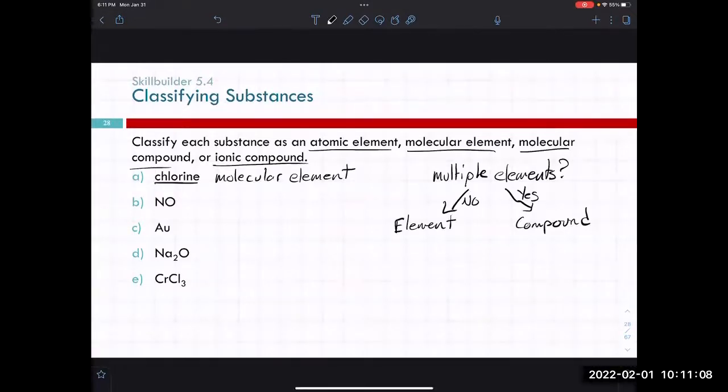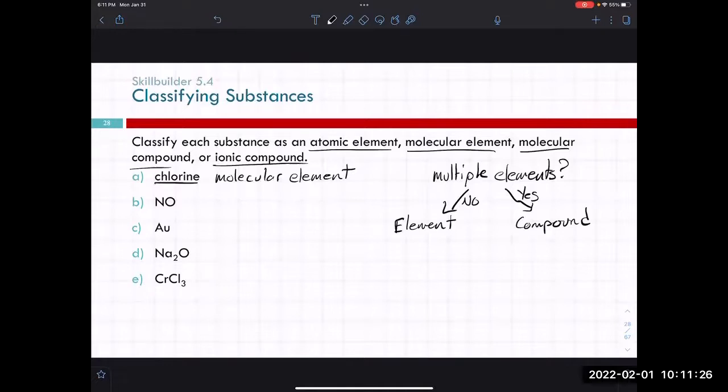So for B here, nitrogen and oxygen, we have multiple elements, so it has to be a compound. Our next question, I think the easiest next question, is does it have a metal?